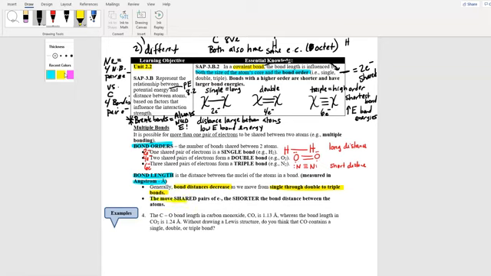As you share more electrons, the shorter the bond between the two atoms. Sharing 6 electrons, short bond. Got it.